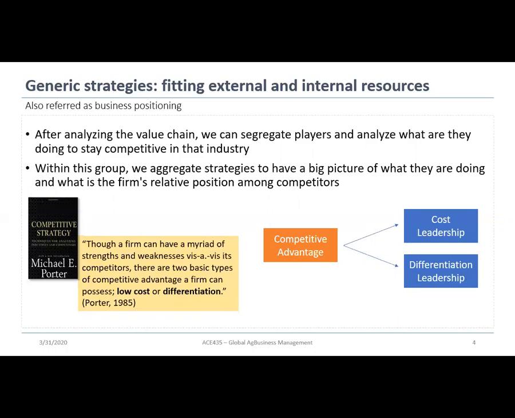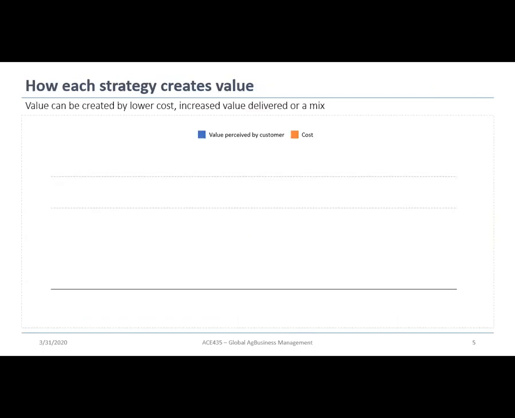In order to sustain in business, farmers, for instance, either have a cost leadership strategy or a differentiation leadership strategy, or something in between or mixed. And just quickly, what is the difference between those? We have here an average competitor.